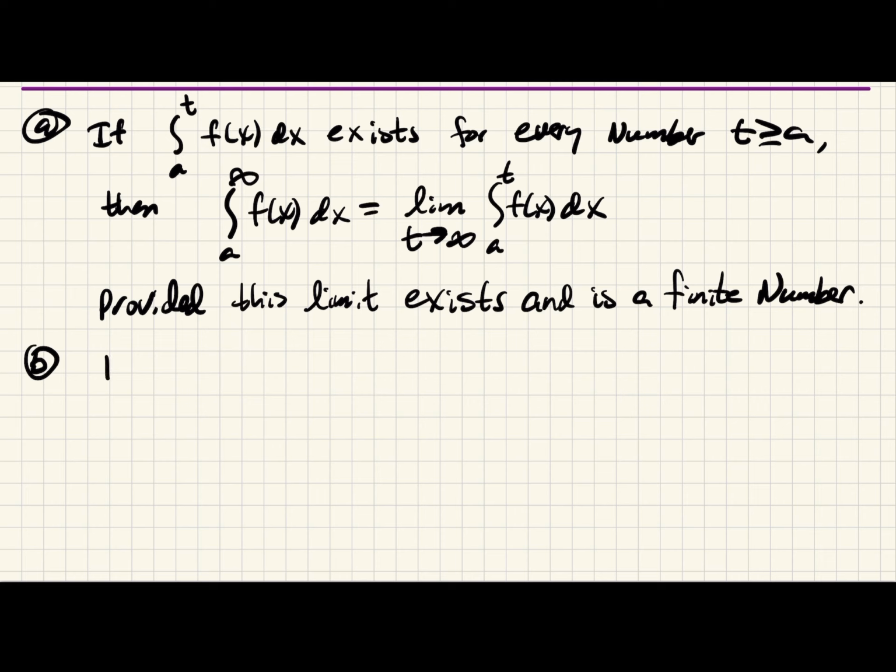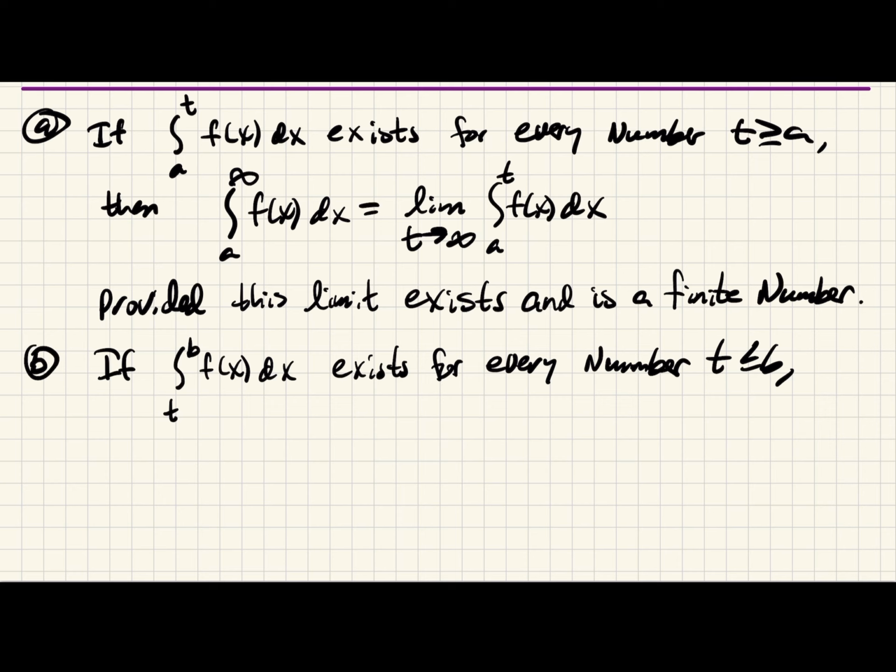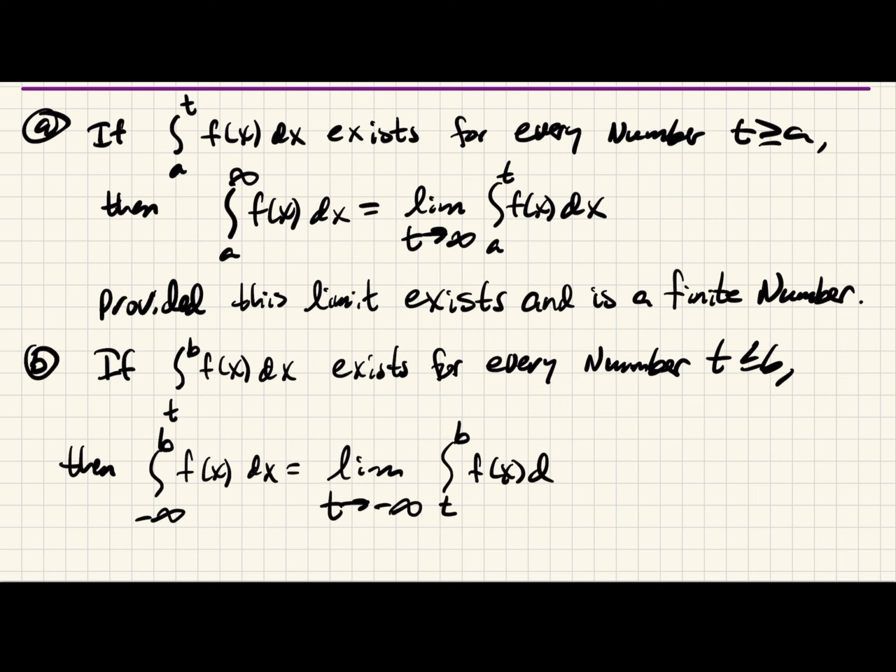So if the integral t to b of f of x dx exists for every number t less than or equal to b, then the integral from minus infinity to b of f of x dx is equal to the limit as t goes to minus infinity of the integral t to b f of x dx, provided this limit exists and is a finite number.